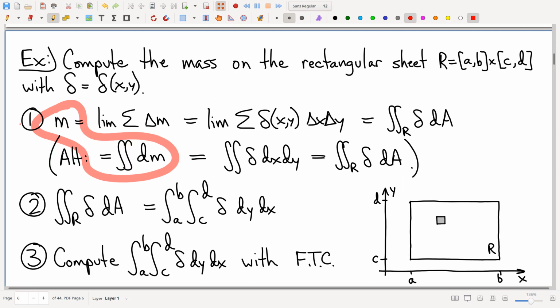So in practice, day in and day out, even though there's something weird about this, and the very first time I saw this, I got creeped out because I'm like, wait a minute, where's the m-axis? It seemed weird to me. But it's not about an axis. It's just a shorthand for the fact that what I'm doing is adding up a bunch of little pieces of mass. So perfectly reasonable.